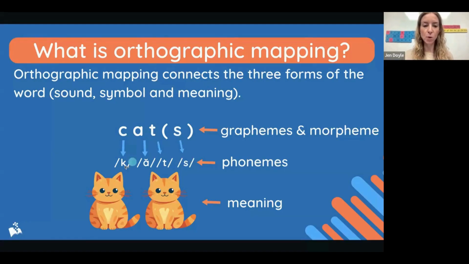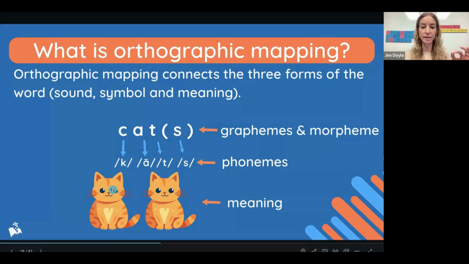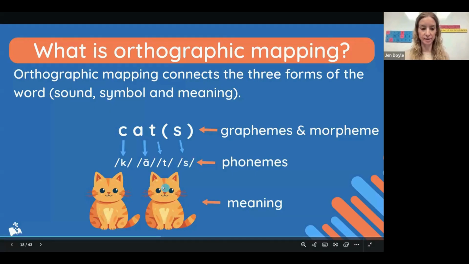And then we have the phonemes that are represented by the graphemes. So we've got K is represented by C, A is represented by A, T is represented by T, and S is represented by S. So those phonemes and graphemes are connected there. And then we have our meaning. We can understand that it's not just one cat, but cats means more than one, multiple cats.